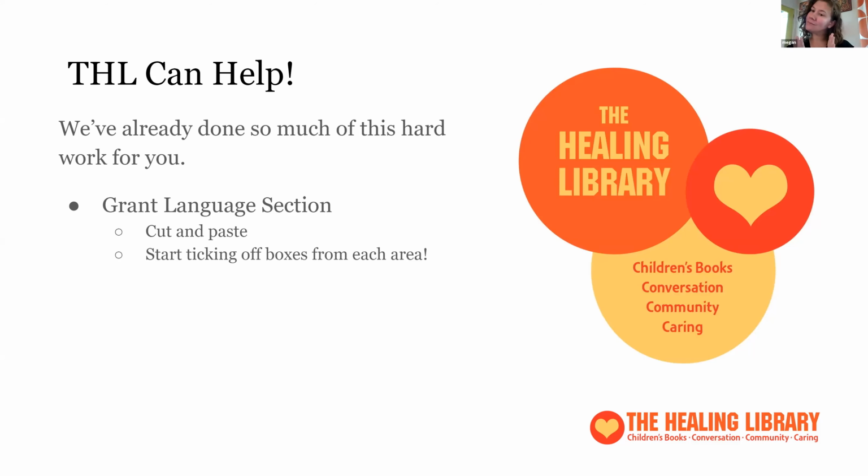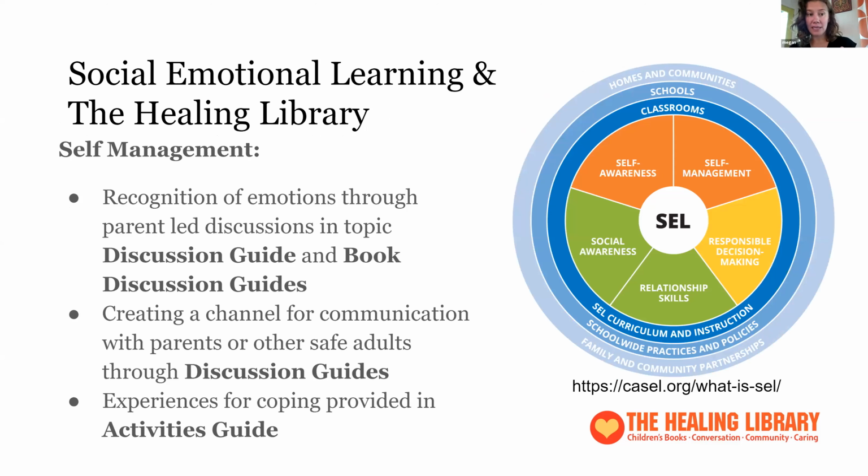Sometimes there's time, but we had a very active and participatory group today, which is better than me reading these slides. It's all in the grant language section, but I'll show you just one example of how we meet those needs. We have this all set up so that you can essentially just cut and paste it into your grants that you're all going to send Kim, that you're all going to win. Send. We will hand you all the money. And get all the money.